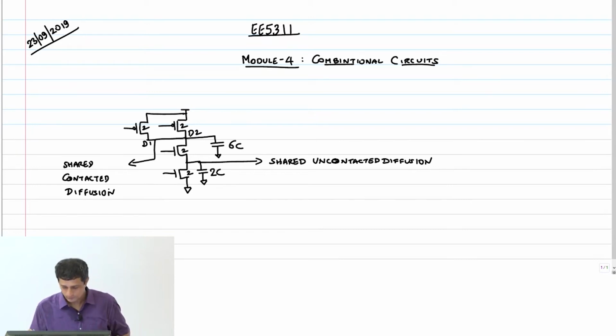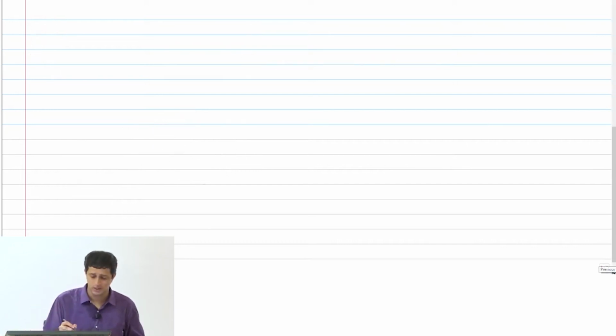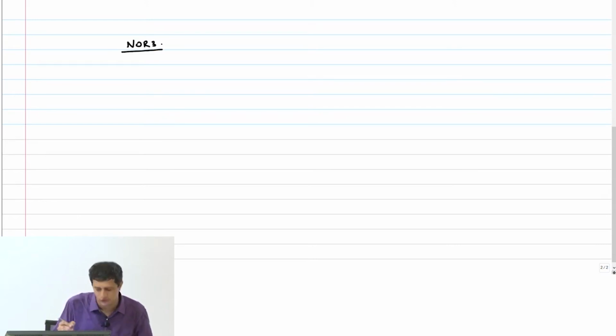Clear? So now let's go ahead and use this concept to figure out the capacitance of a NOR, let's say a NOR 3 gate straight away. So first, can you sketch a NOR 3? Y equals A plus B plus C whole bar.